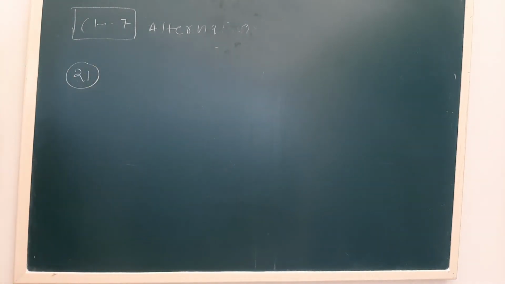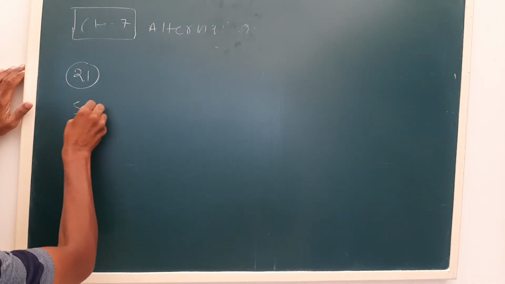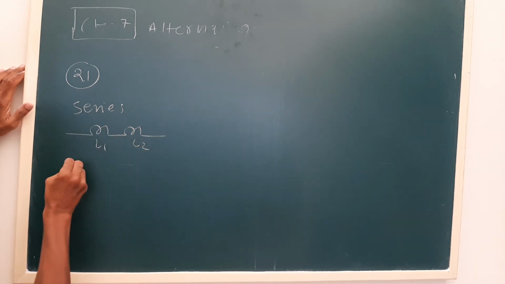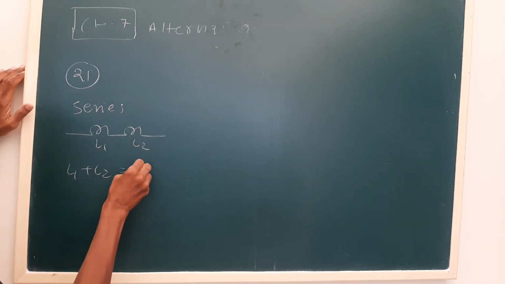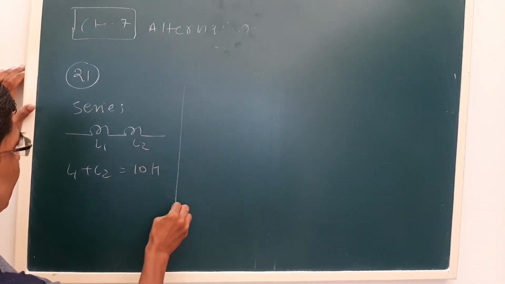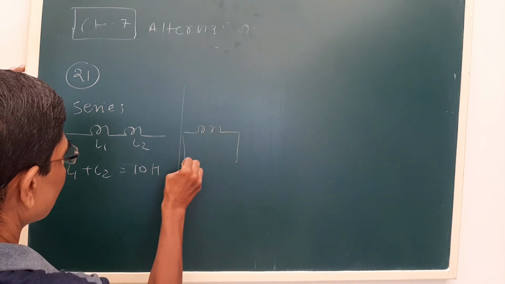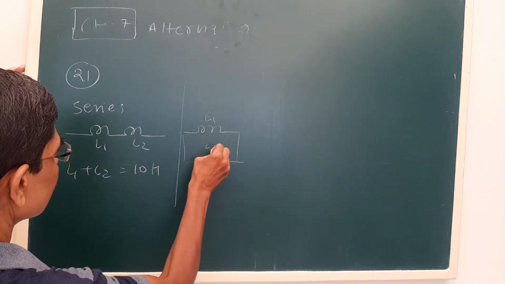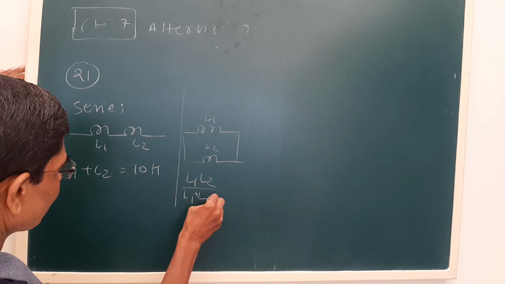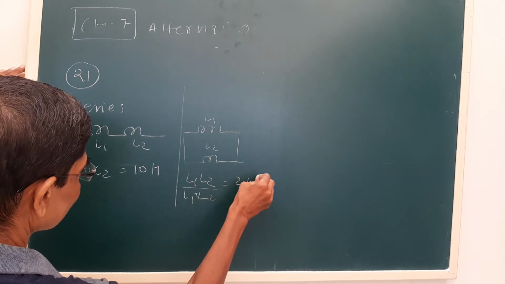Now this is an inductor. Two inductors when connected in series, L1 plus L2 is 10 Henry, and when they are connected in parallel, what is the equation for parallel? L1 L2 upon L1 plus L2 is 2.4.